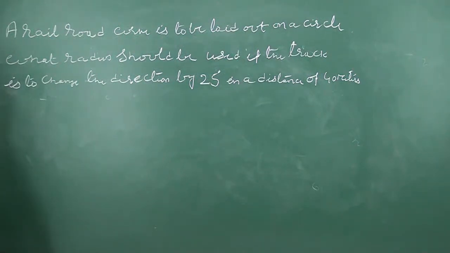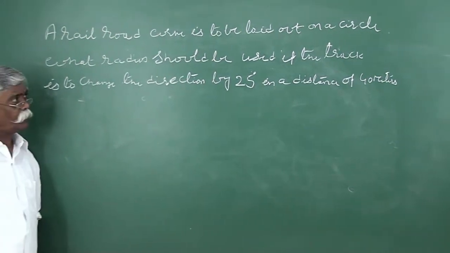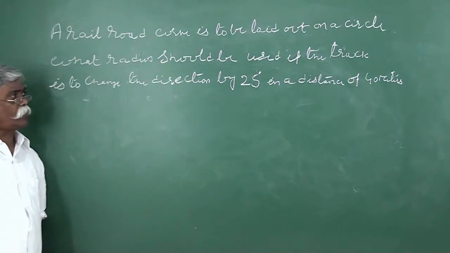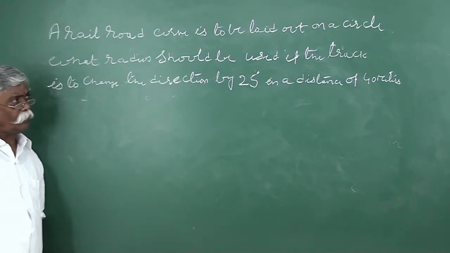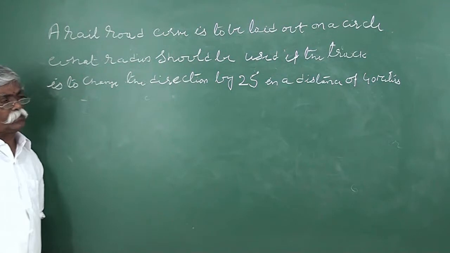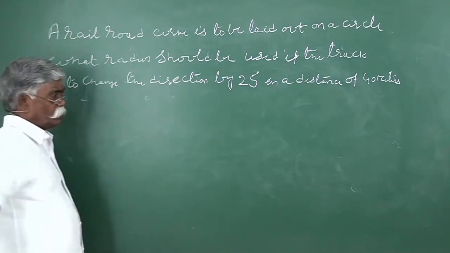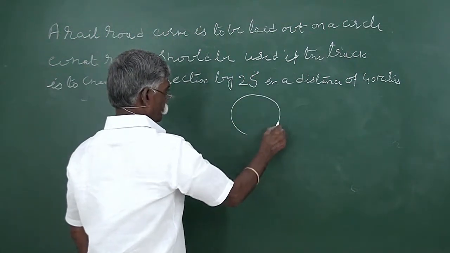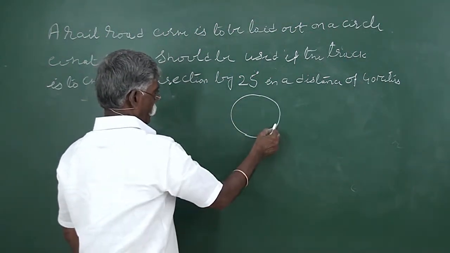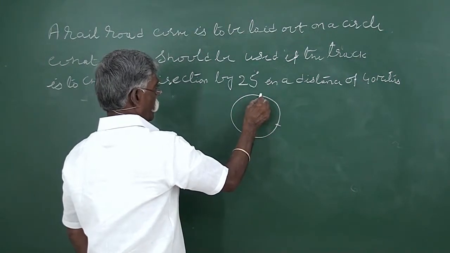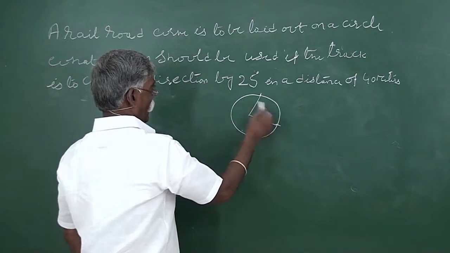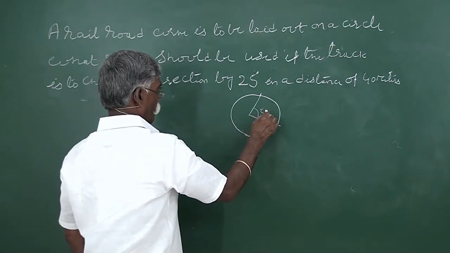So a railroad curve is to be laid out on a circle, and what radius should be used if the track is to change the direction by 25 degrees in a distance of 40 meters. So a railroad is to be laid on a circle, and over some distance it is taking a turn of 25 degrees.